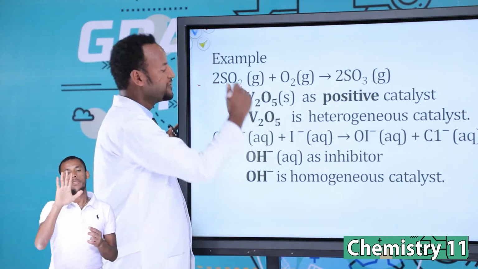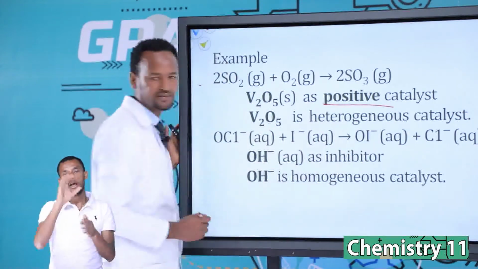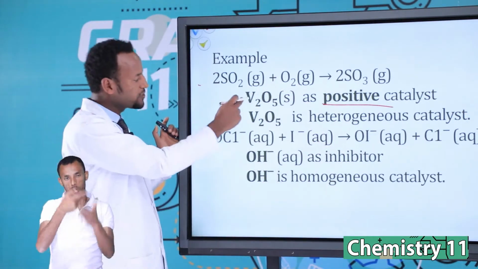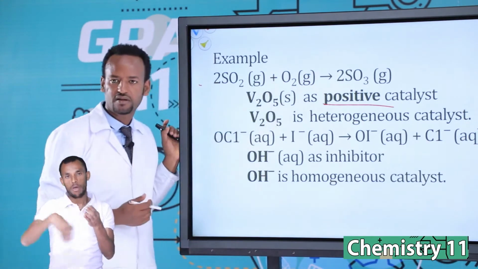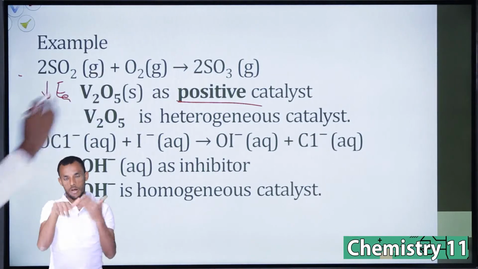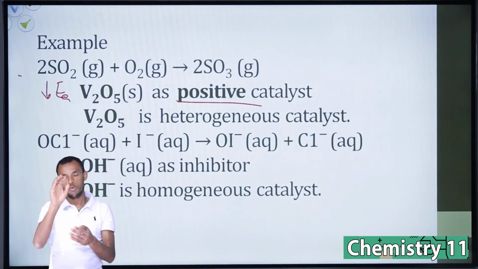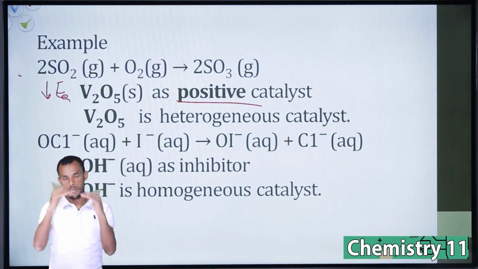Therefore, V2O5 can be used as a catalyst. This is a positive catalyst. What is the purpose of V2O5? The purpose of V2O5 is to speed up the chemical reaction by lowering EA, the activation energy level.